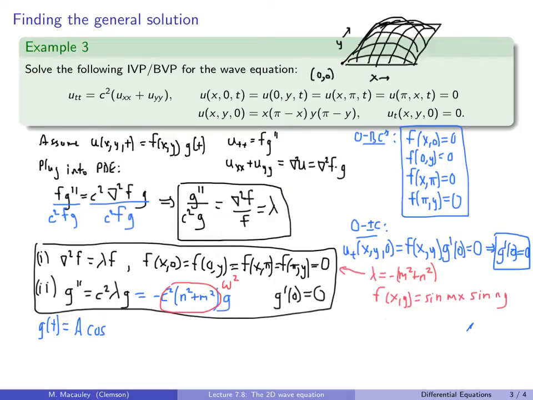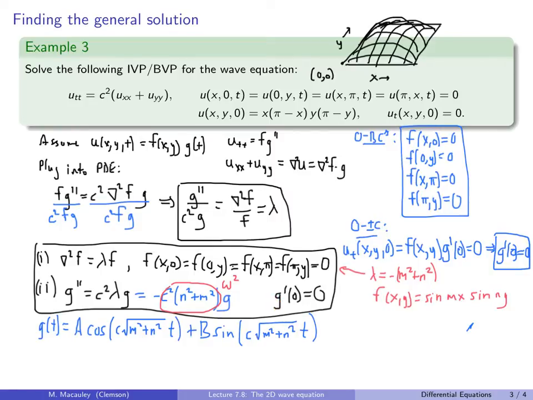That's c times the root of m squared plus n squared. So cosine of c times the root of m squared plus n squared times t, plus b times sine of that same thing, c times the root of m squared plus n squared times t. Okay, so this is what G is, but we also have this initial condition right here.